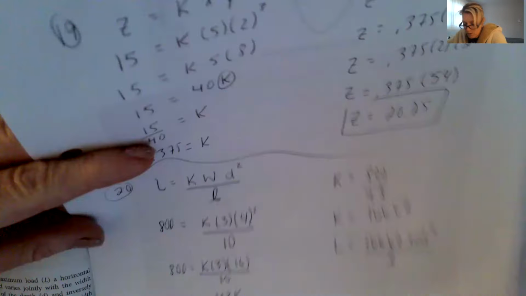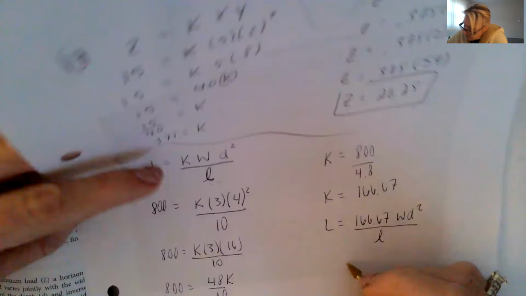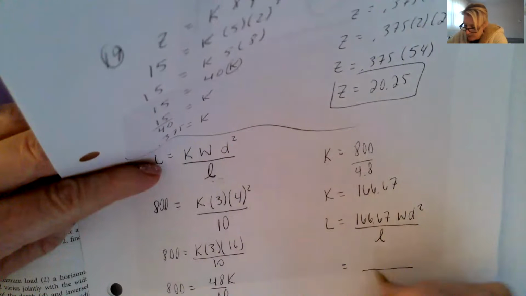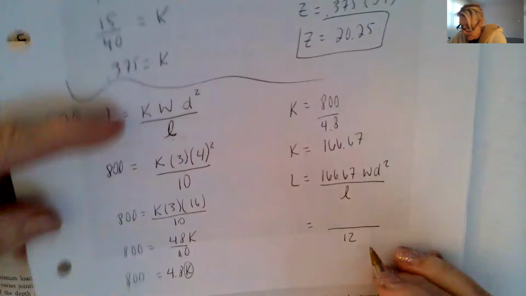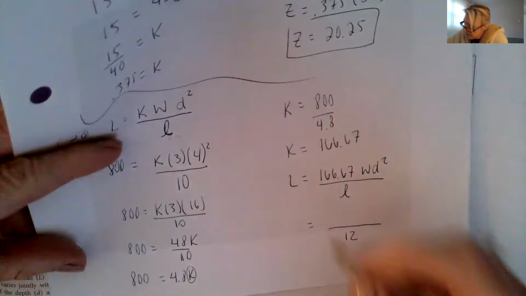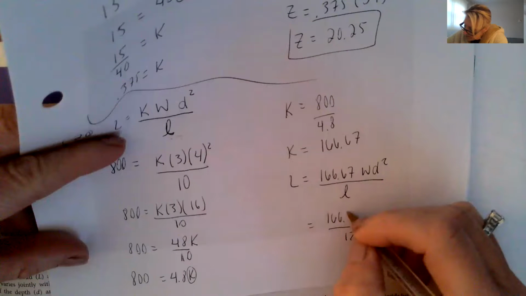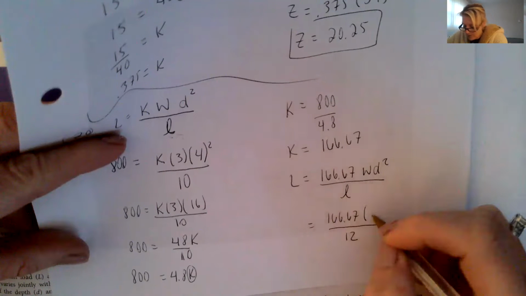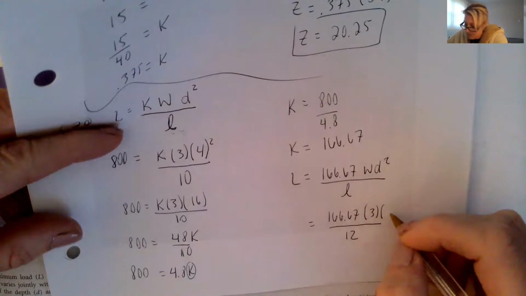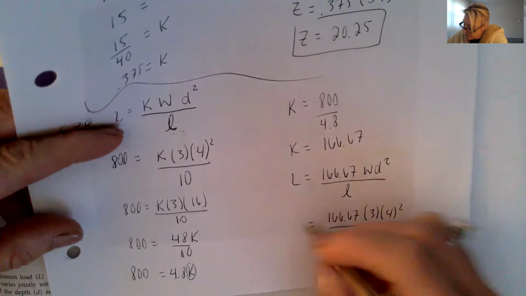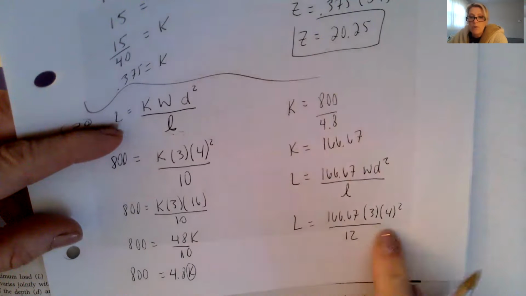How much can it hold if we have a 12-foot beam, so the length is 12 on the bottom. And we have K is 166.67. They said the width is 3 and the depth is 4, and that's going to be squared. And we want to find out how much this can hold.